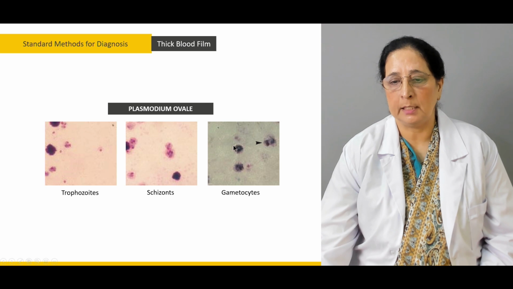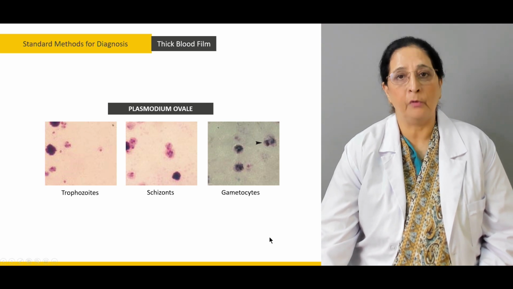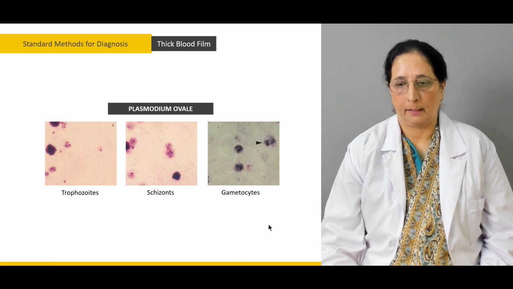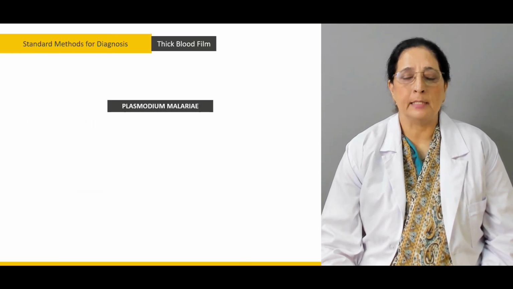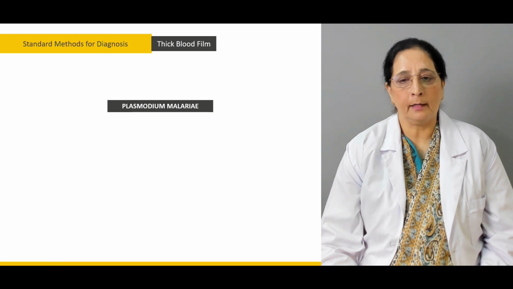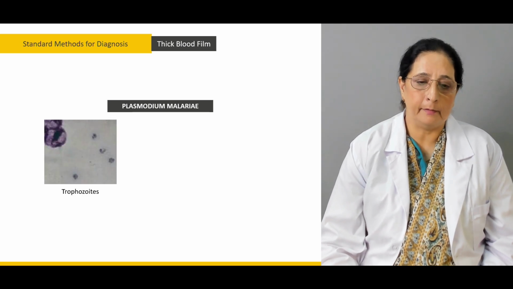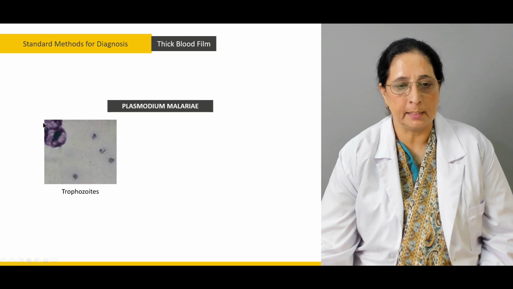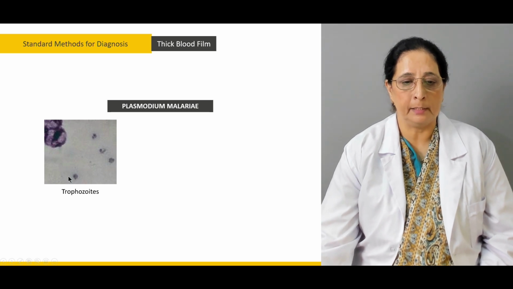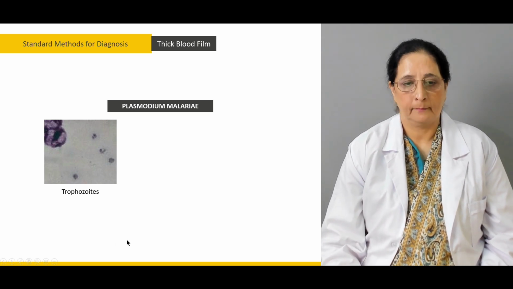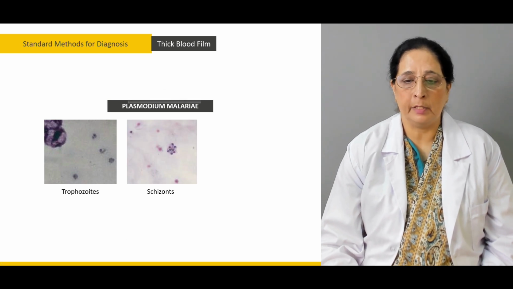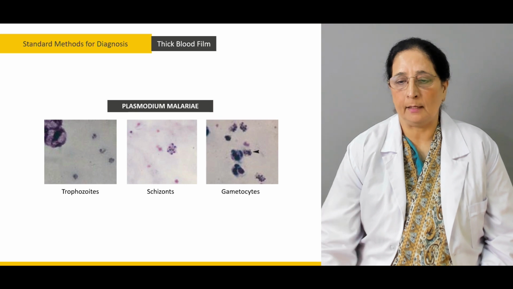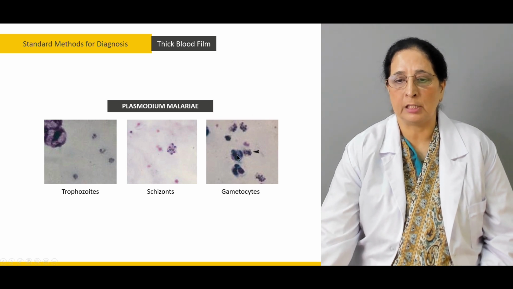So this is in the plasmodium ovale. Then we have plasmodium malariae trophozoites. You can see them in the plasmodium malariae. Schizonts in plasmodium malariae, and these are the gametocytes.